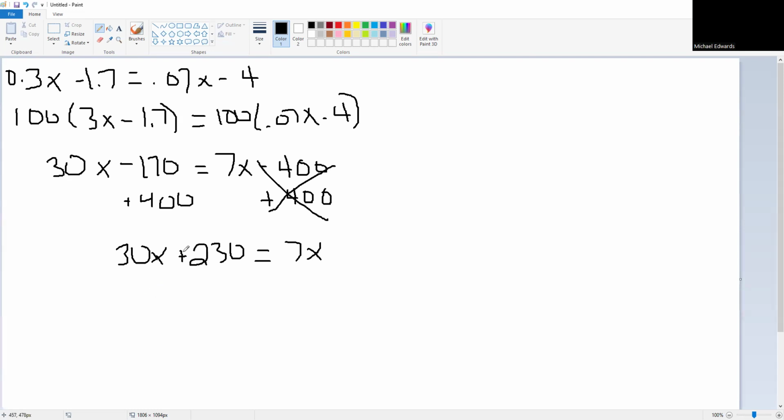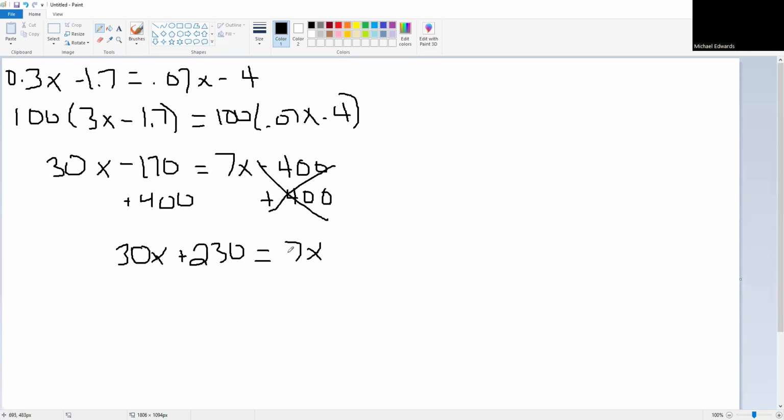Now, we can either move the 230 out, but I think we need to do like a swap. So we need to do like a, let's take the 30x. Well, I like to have the x's on the left-hand side. I don't know why. I think it may be the way I was taught, but let's move the x over this way, and then we'll move the 230 over this way.